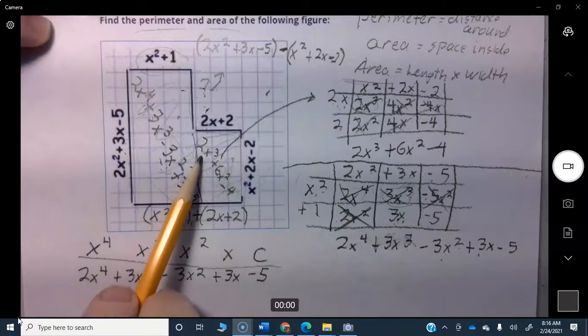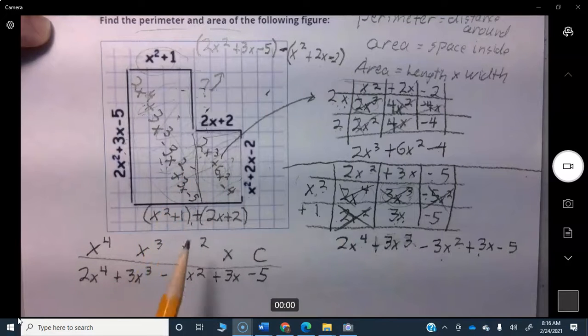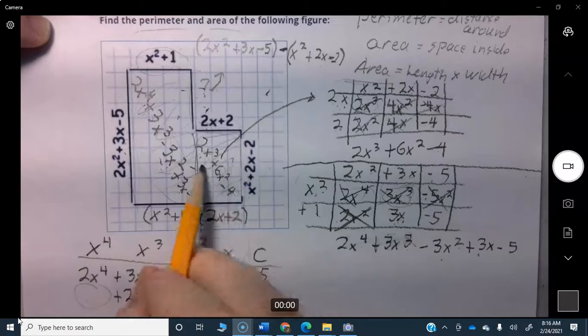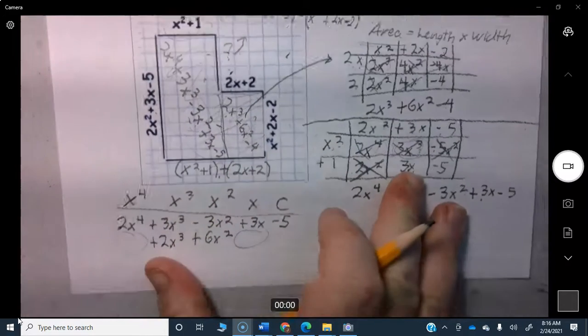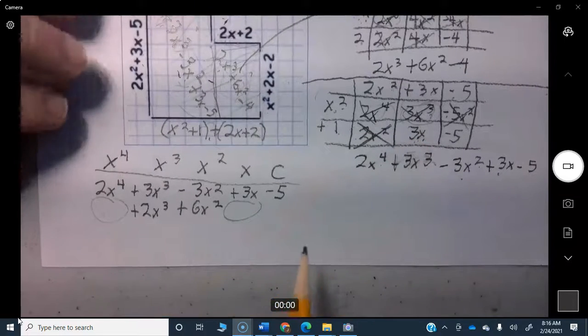And for this guy, there's no x to the 4th term, so you can just put your little magic circle where nothing goes. Then it's 2x to the 3rd plus 6x squared. There's no x term here, so again we're going to have a little invisible nothing there. And then minus 4.